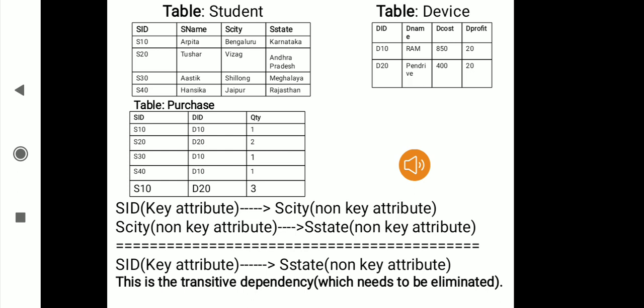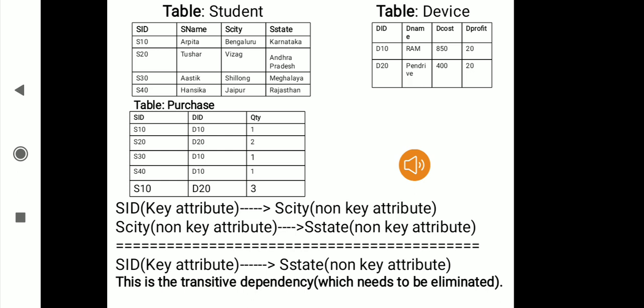But this non-key attribute SCT easily determines the other non-key attribute state in the same table, as every city has a unique state. This is shown by the city Bangalore belonging to the state Karnataka, city Vizag belonging to the state Andhra Pradesh, city Shillong belonging to the state Meghalaya, and city Jaipur belonging to the state Rajasthan.